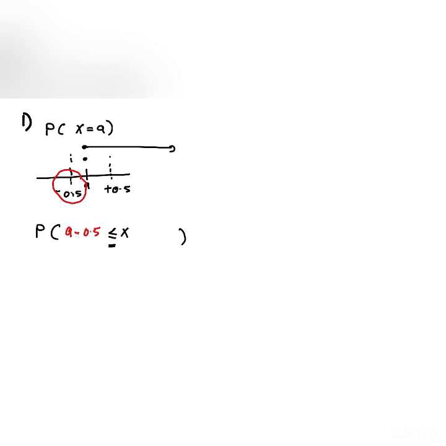For X less or equal to a, we go to the left, so the correction is plus 0.5. So a plus 0.5. That is how we get the continuity correction.